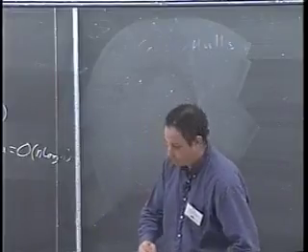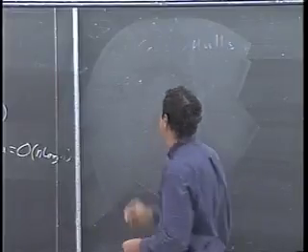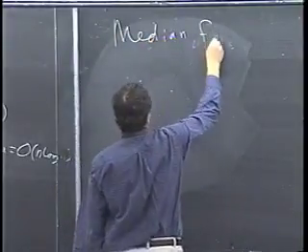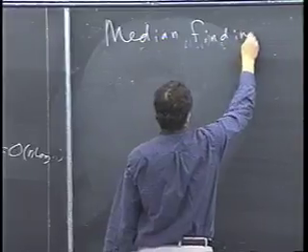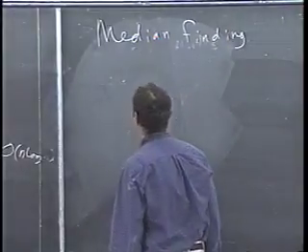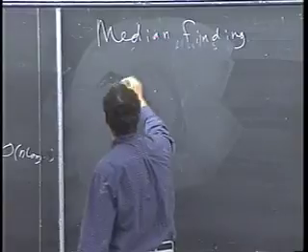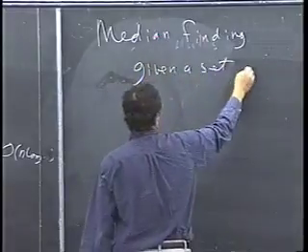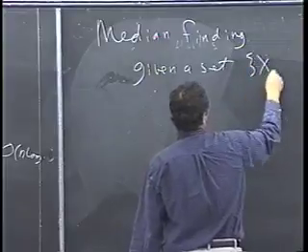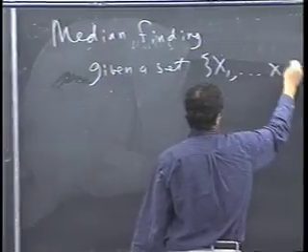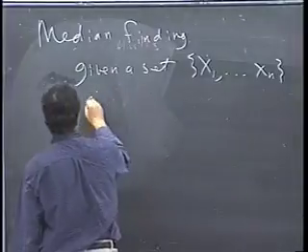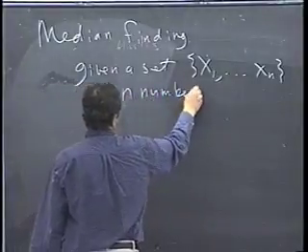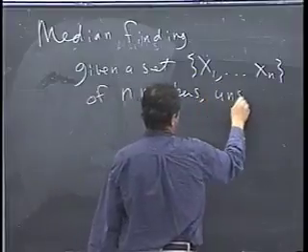But today what we're going to talk about is median finding. So the median, you're given a set x1 through xn of n numbers, and this is unsorted, of course.